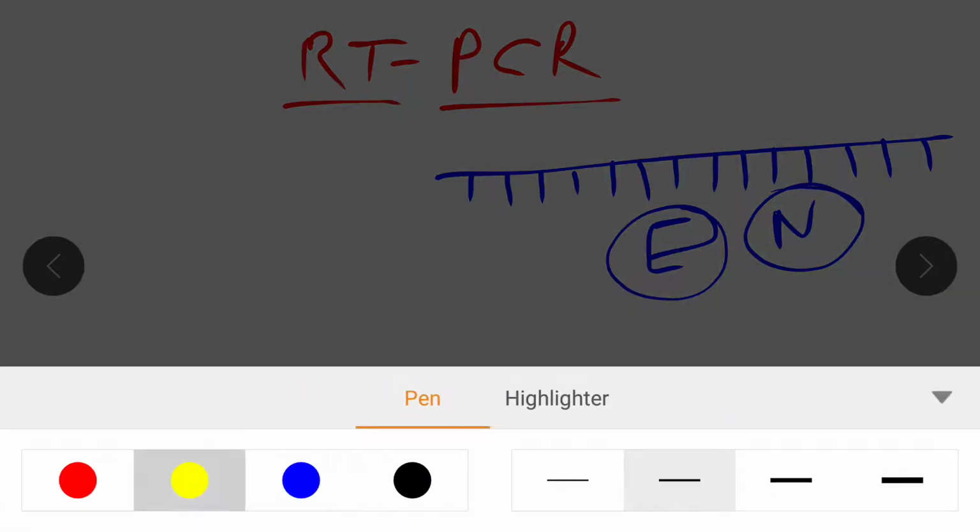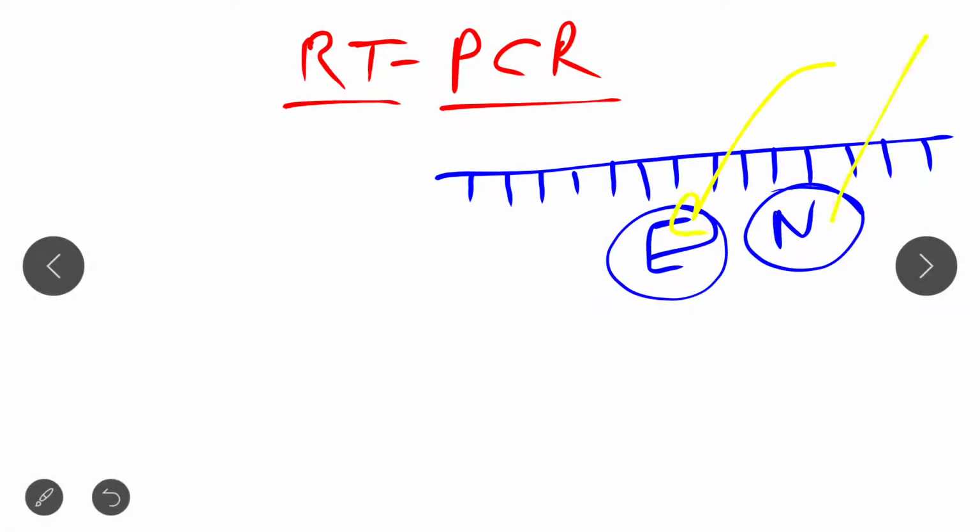And the simple thing is that if these genes are present in a particular individual's body, it means the individual is corona positive. Simple. So these genes, ORF1, ORF2, all these genes are present in this sequence.